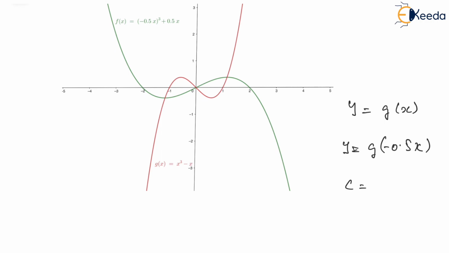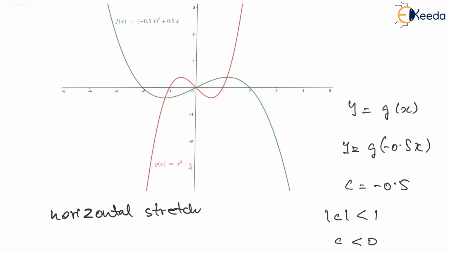So c in this case is -0.5. So although the mod value of c is less than 1, but c is actually less than 0. So in that case, along with horizontal stretching, we can also observe a reflection, and that will be across the x-axis.